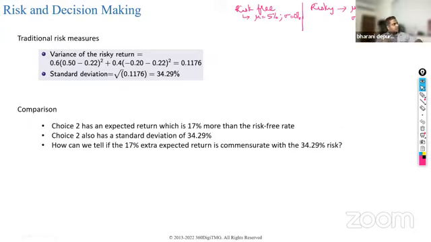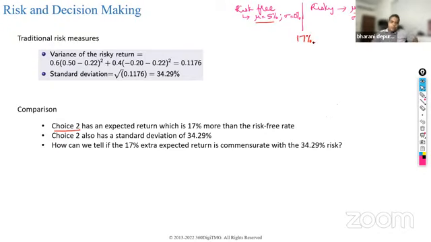Say you have two choices. Choice 2 is the risky asset. So rather than investing in the risk-free asset, if you invest in the risky asset, how much more will you get? Here you will get 5%. Here you will get 22%. So how much more will you get from 5% to 22%? The difference is 17%.